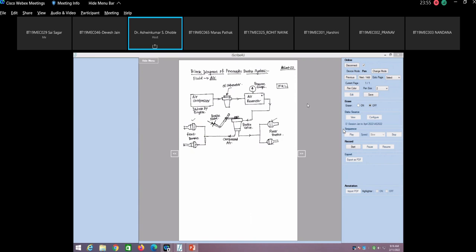Otherwise, you need to filter out the oil droplets from the air and allow the air to get deposited in the air reservoir under some pressure P, so that suppose you run the vehicle and you park the vehicle, then when you again start the vehicle, the compressor will generate the air under pressure, then it will get filtered, then it will move to the circuit.